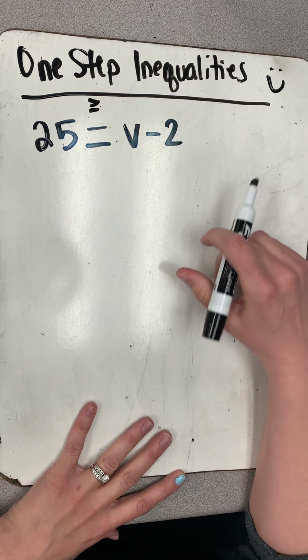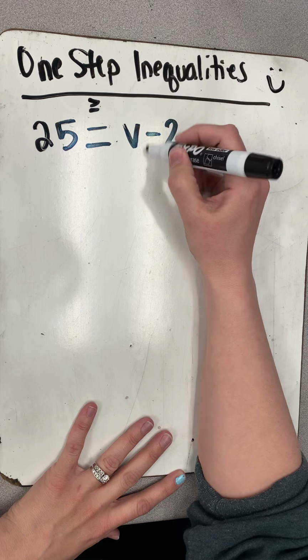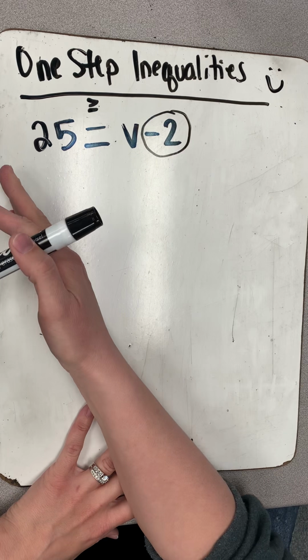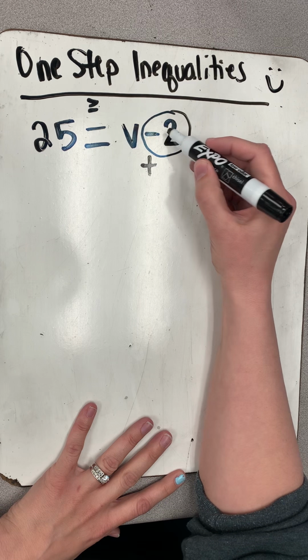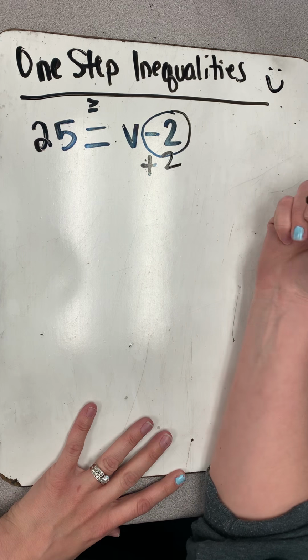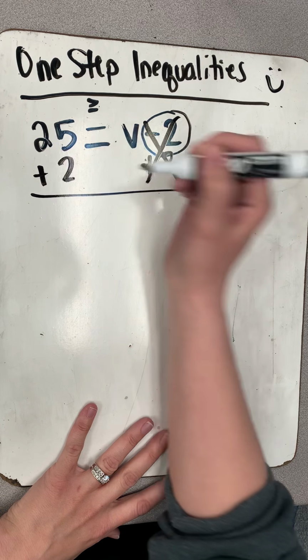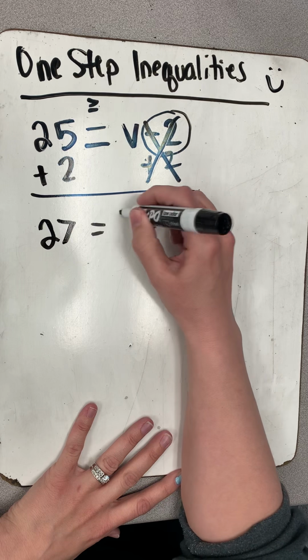And then I'm just going to solve it like it was an equation. So I know I have to do the opposite operation to move something across that equal sign. So my v is being subtracted by 2, so I'm going to add 2. And because I add 2 to this side, I add 2 to this side. And then I have 27 is equal to v.